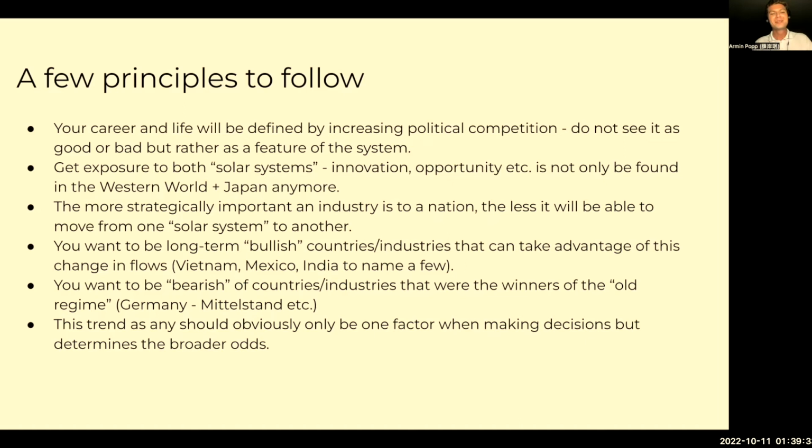All right. Obviously this is not investment advice, and you need to take other factors into consideration. But this kind of system change affects all broader odds.